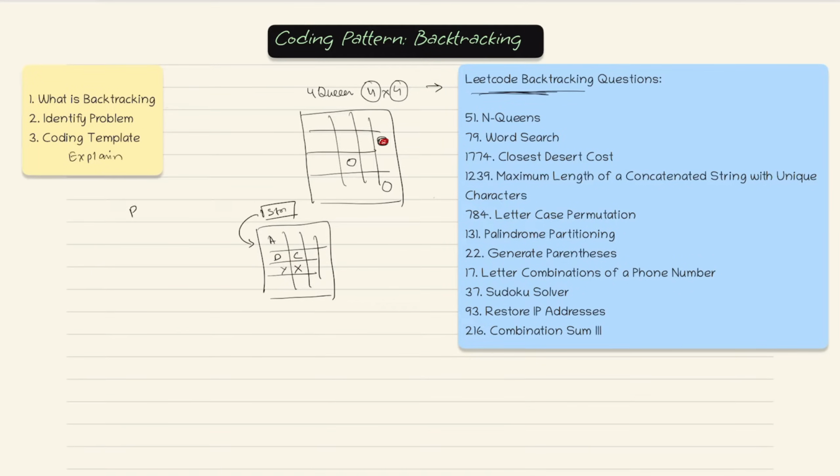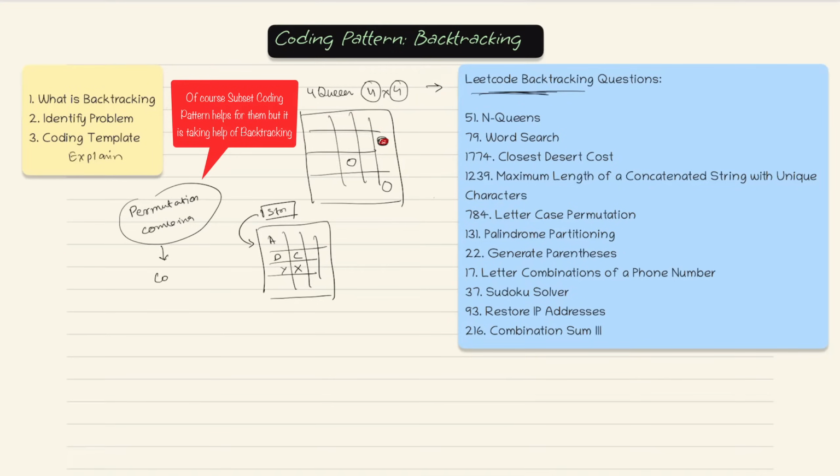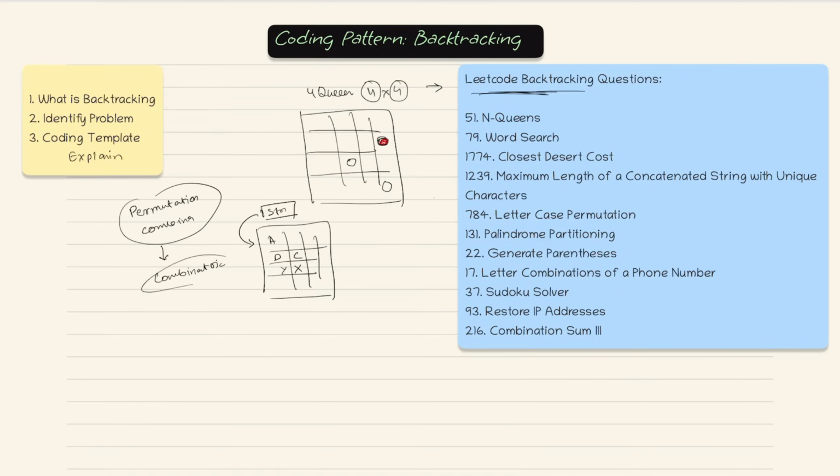Or you come across questions like permutation or combination, or any question belonging to combinatorics. All such questions are going to be solved using backtracking. Even your Sudoku problem is going to be solved by backtracking, like generating parentheses or palindrome partitioning.